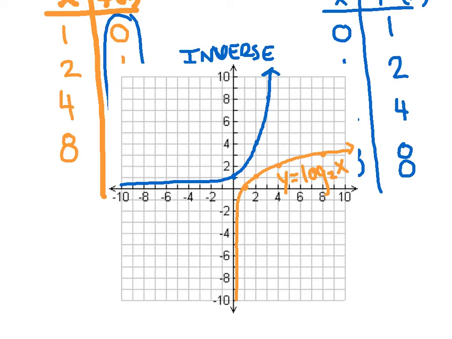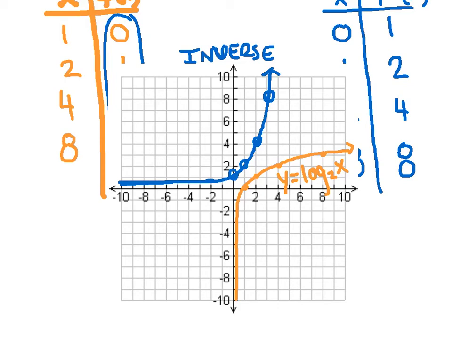As far as the blue one goes, I plotted the 4 points: right here, right here, right here, and then one more right here. Then I took the liberty of extending that graph along the axes, noticing that if there used to be a vertical asymptote at x equals 0, there's now a horizontal asymptote at y equals 0.